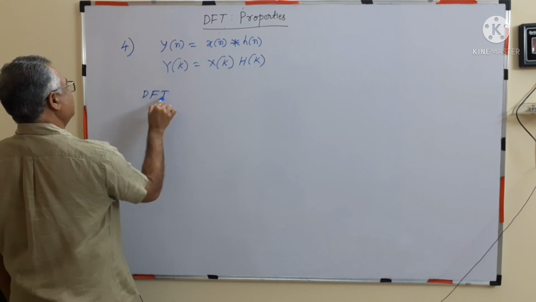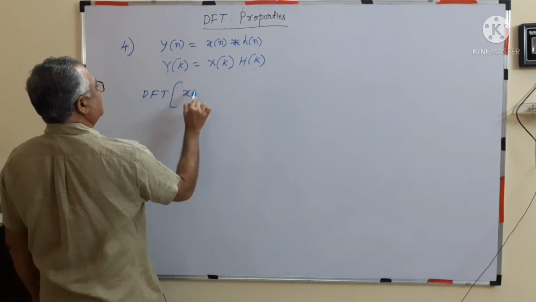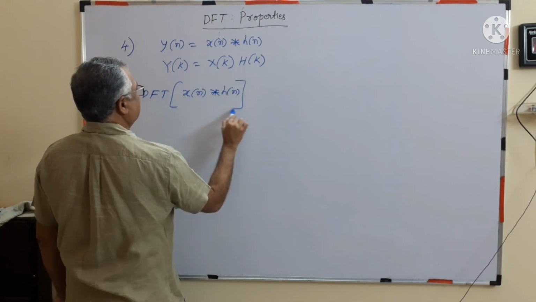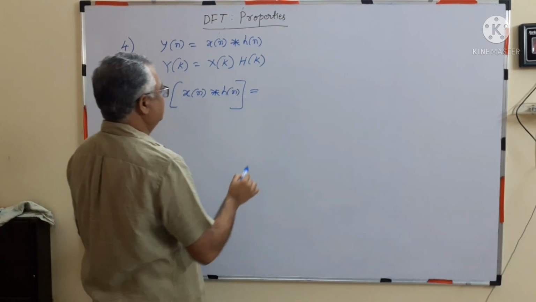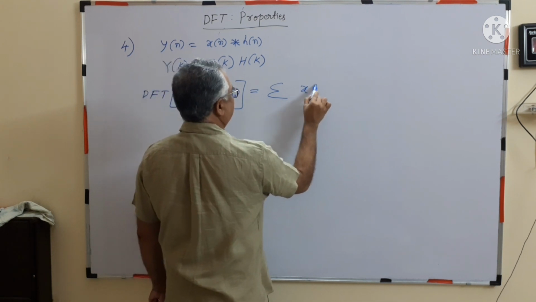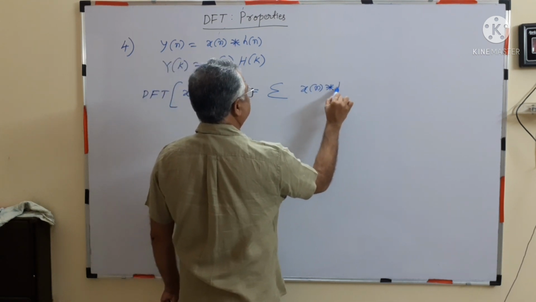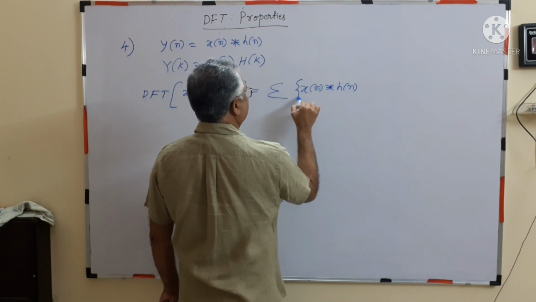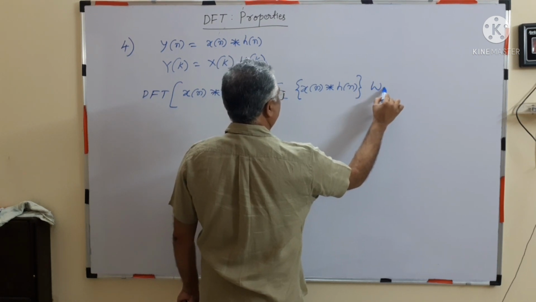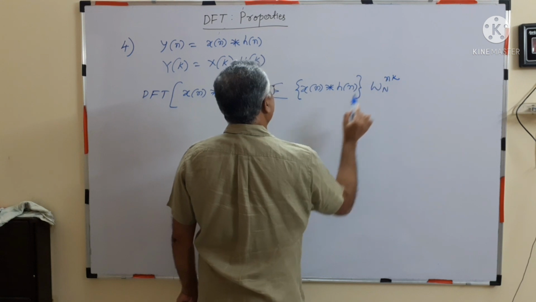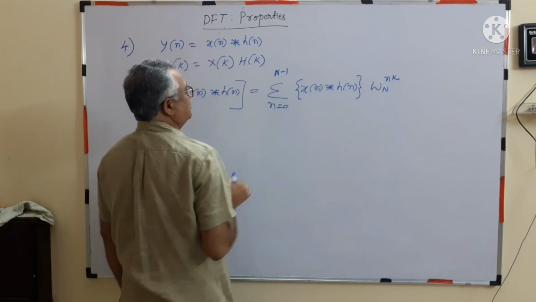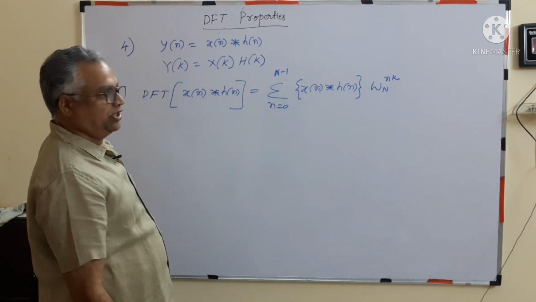The DFT of x of n convolved with h of n is equal to the sum of x of n convolved with h of n times W N power nk. Here n is changing from 0 to N minus 1. I have just used the DFT formula.